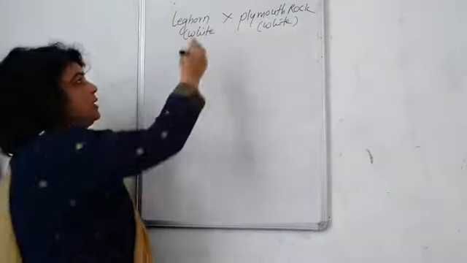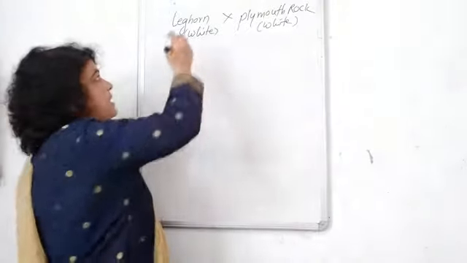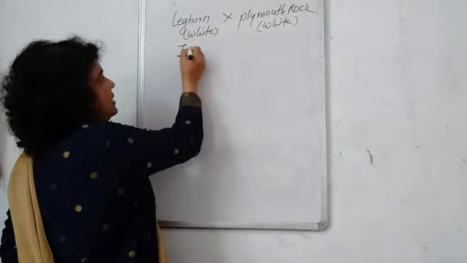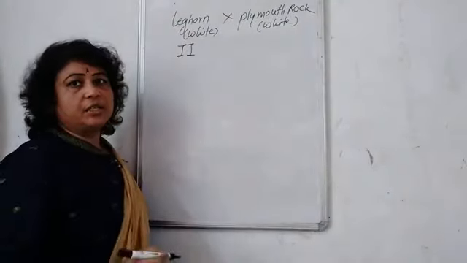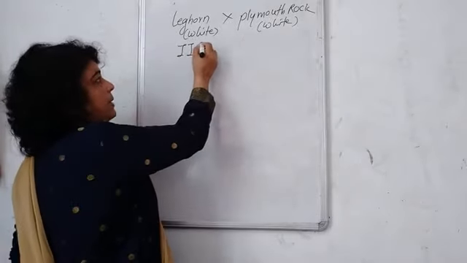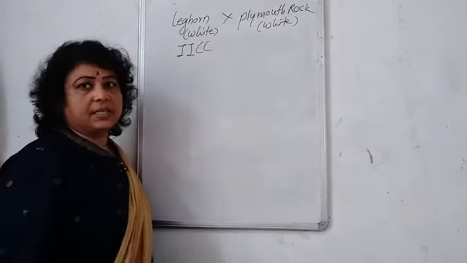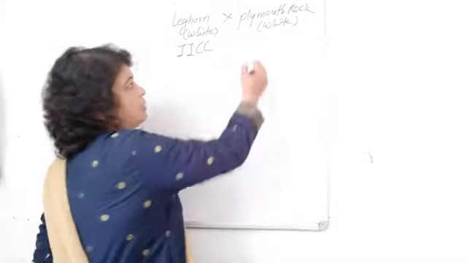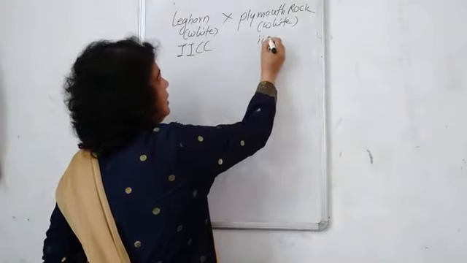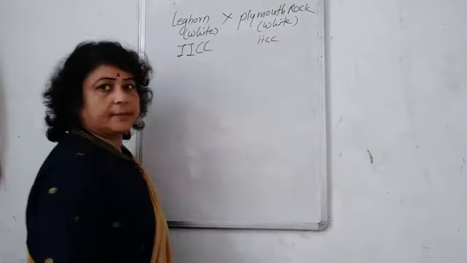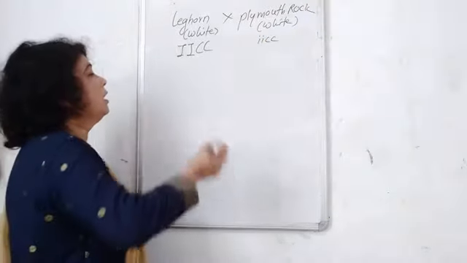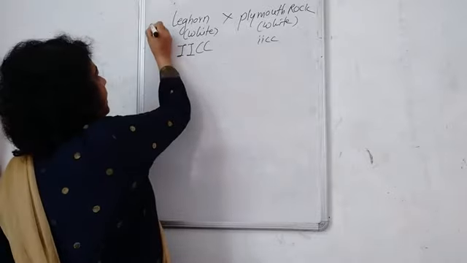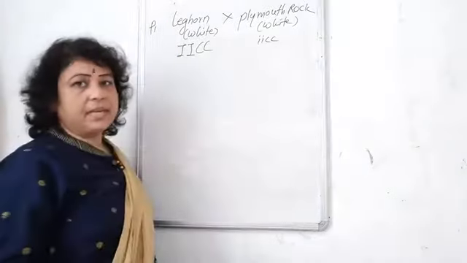But genotypically, this white Leghorn has the dominant condition of the genes, capital I, capital C. And this Plymouth Rock is in recessive conditions, small i, small c. So these are the P1 parents.